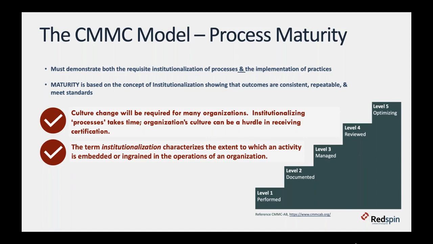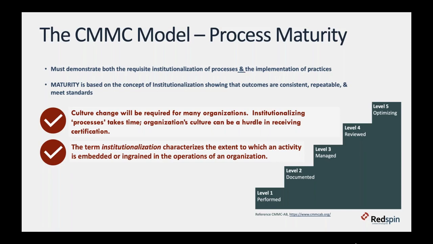And keep in mind, they're not just looking at the IT department or the cybersecurity department. They're looking at, does this organization have matured business processes to ensure that they are adequately protecting FCI and CUI, mostly CUI. Level 1 doesn't have this maturity requirement, but level 2, level 3, level 4, and level 5 do.